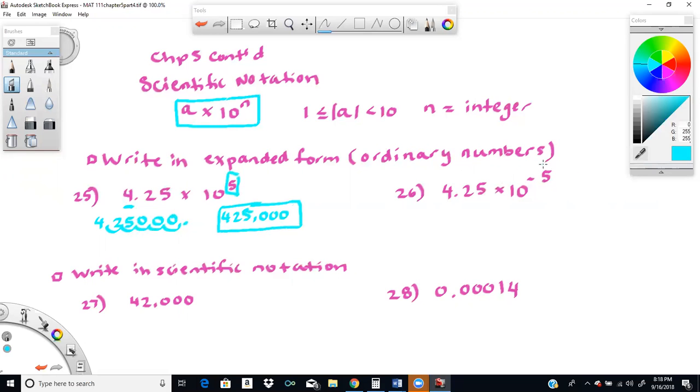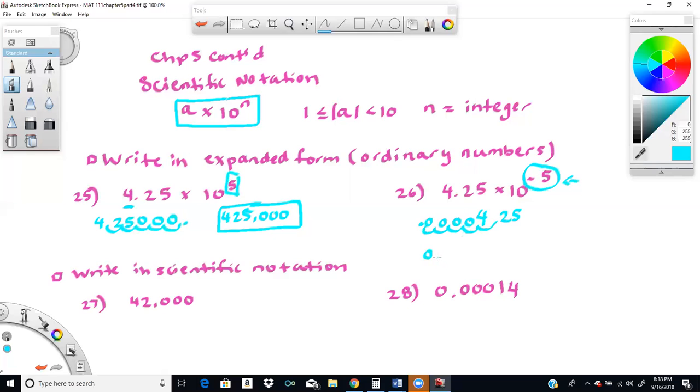This time, it says 4.25 times 10 to the negative 5. So I'm going to move my decimal to the left 5 places. I have 1, 2, 3, 4, 5, so I had to put in 4 zeros.